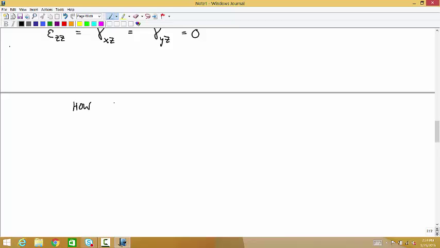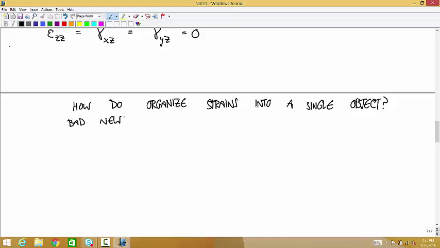So how do we organize the strains into a single object? Well, here's the bad news. Strain, the way we're defining it, is not a tensor.